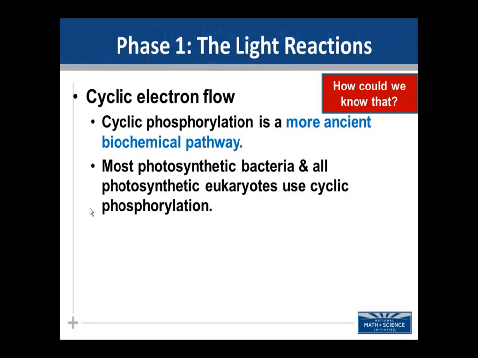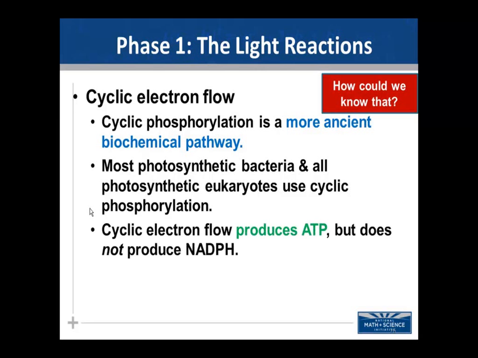Since they use it, and since all photosynthetic eukaryotes use it, we can be pretty confident that it developed a long, long time ago in terms of phylogeny, as different organisms split at various times in their history based on different environmental conditions and mutations that were acquired.